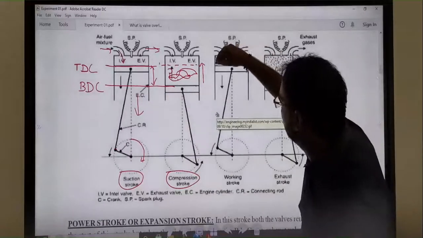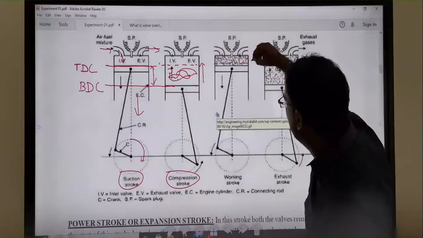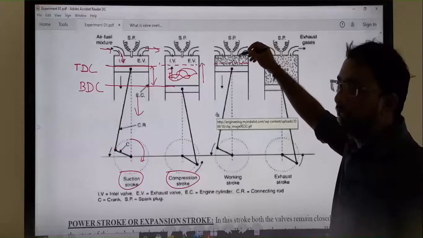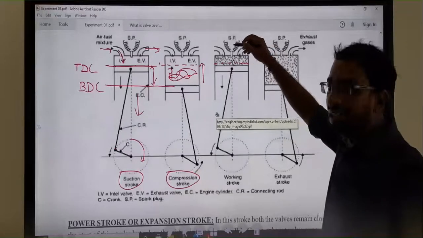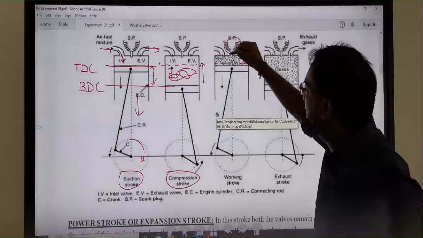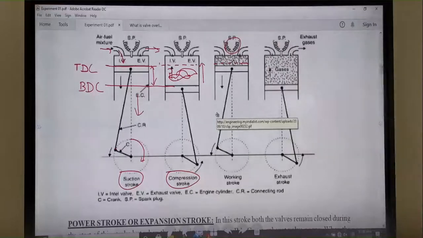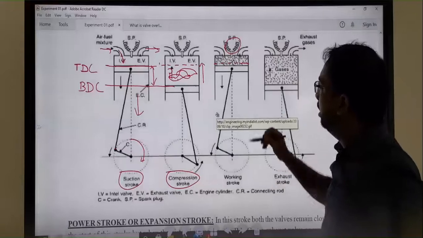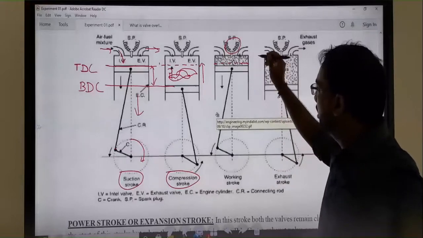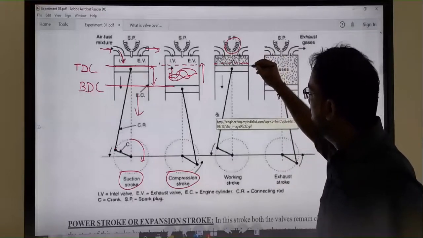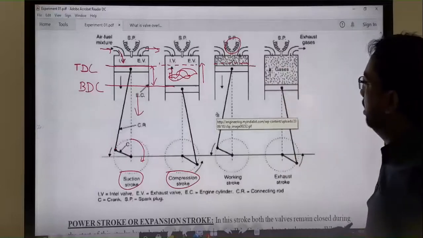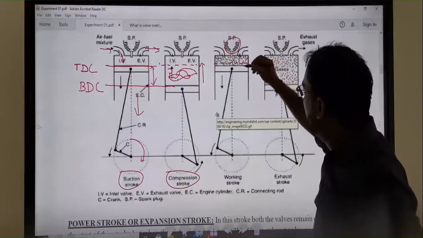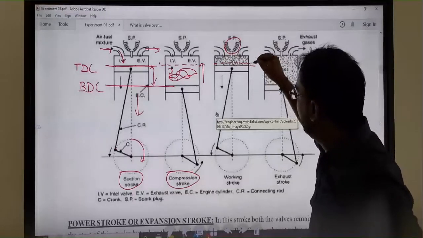Then this ignition plug gives a spark when the piston comes near TDC, that means a little before it arrives at the TDC line.